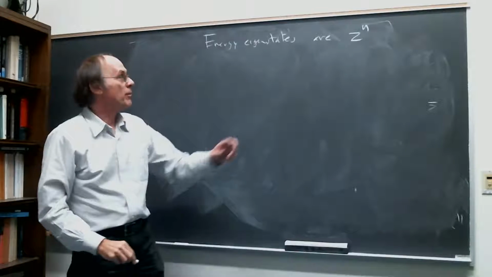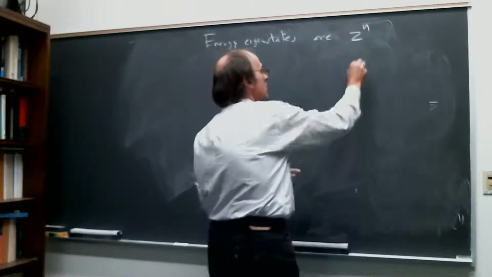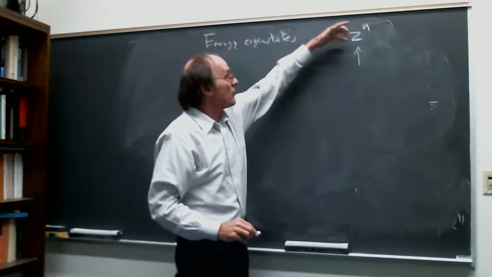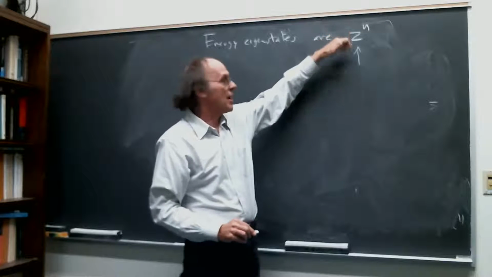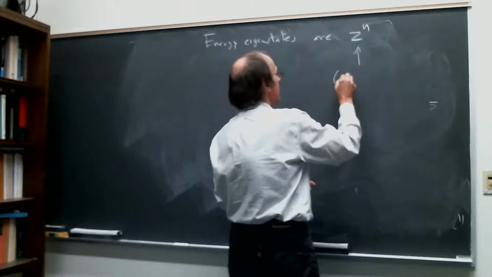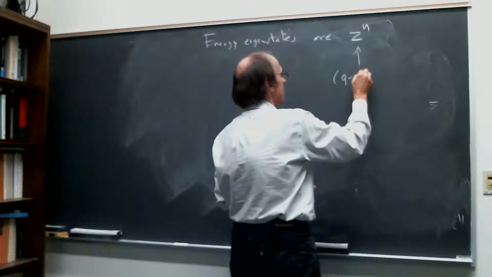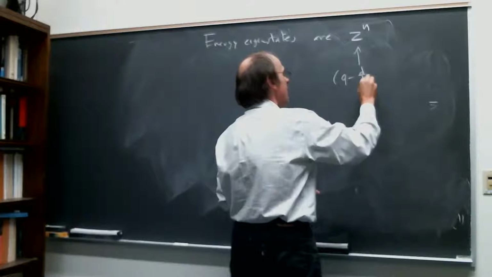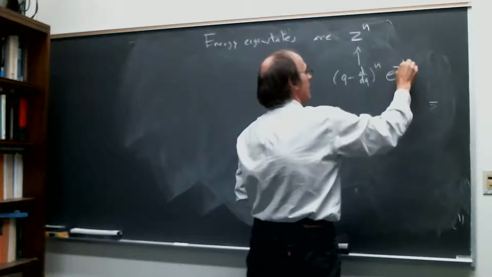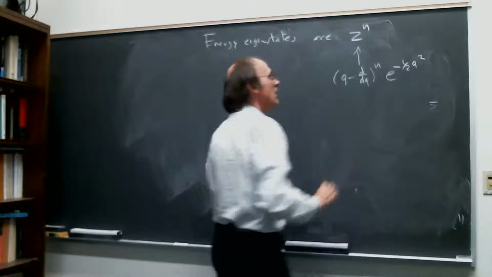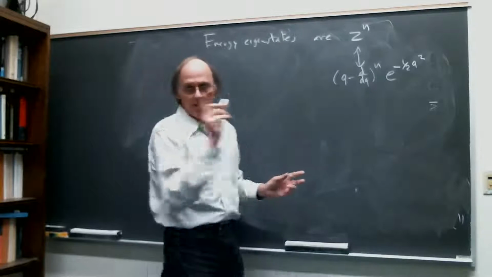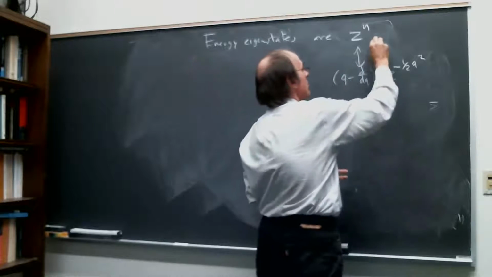But you have to have the transformation between holomorphic Z space and Q space. Remember, these are Q minus d/dQ, whatever it was, to the n, times e to the minus q squared. Right? So this is what's called the Bargmann transform.